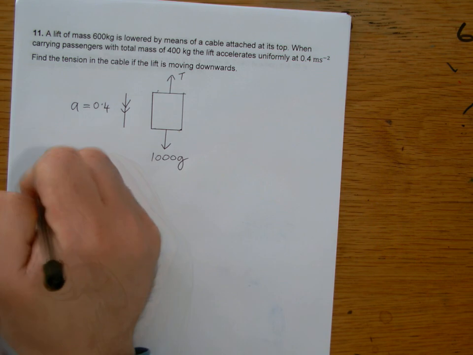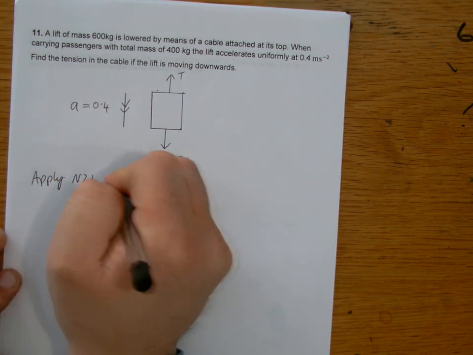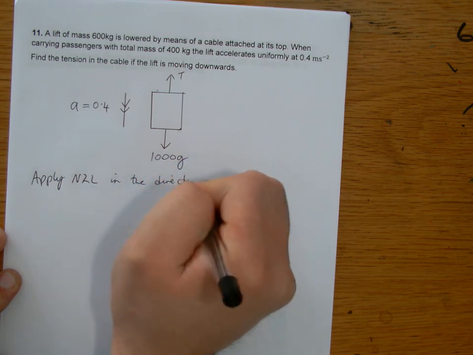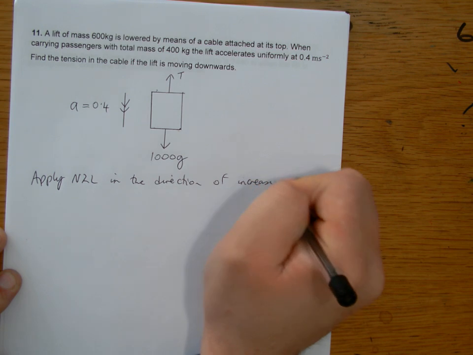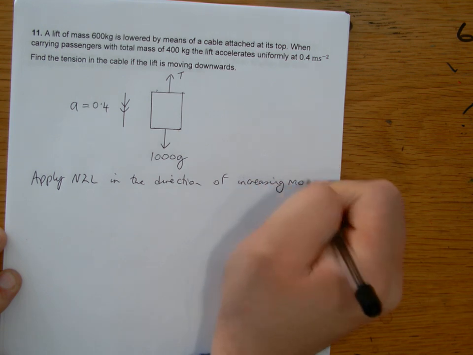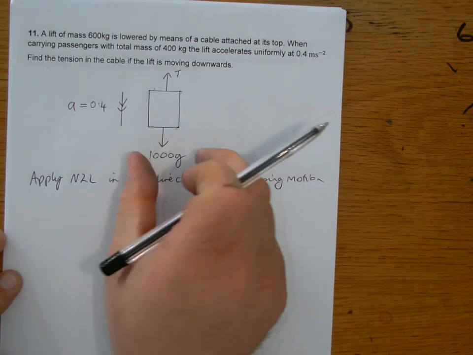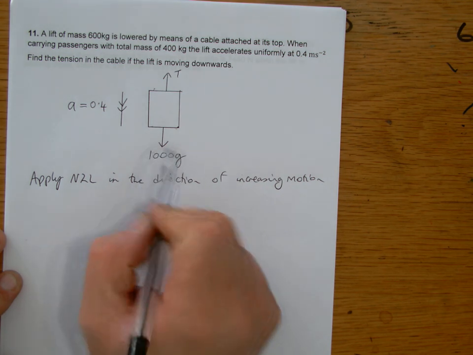So if we apply Newton's second law, remember it is in the direction of increasing motion. Essentially the lift is going downwards. So in a sense, you want to think of this as the driving force.